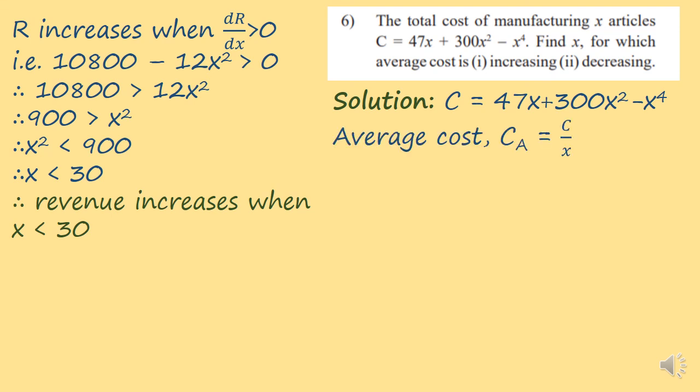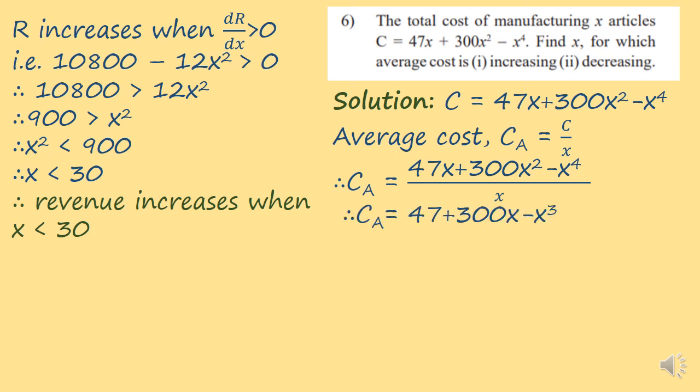Okay, so what is average cost? Average cost CA is given as C upon x. So we divide the total cost function by x to get the average cost, that is CA. So we get CA as 47 plus 300x minus x cube. Remember, each term is divided by x over here.